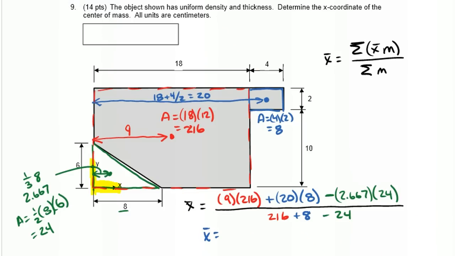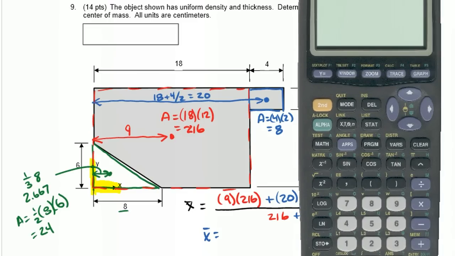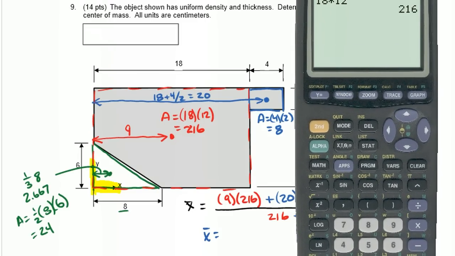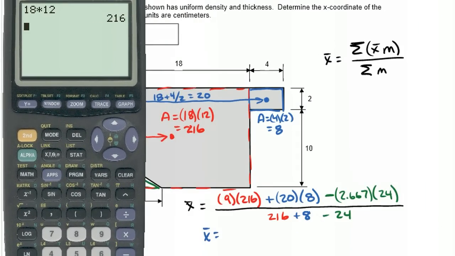So, into the calculator it goes. 9 times 216 plus 20 times 8 minus 2.6667 is good enough, times 24. So that top number's 2040.